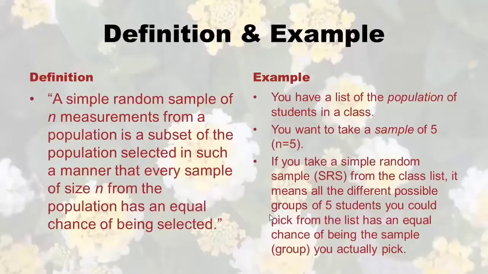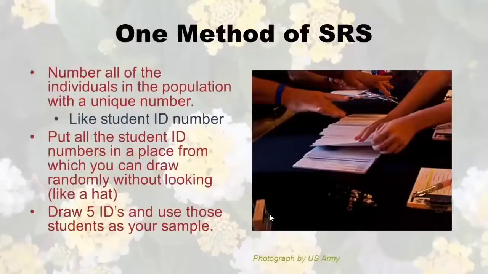And so you just got to be careful if you're going to do simple random sampling that you start with a list with everybody in your sample frame, because every single sample that you could possibly take should have an equal chance of ending up being your sample.